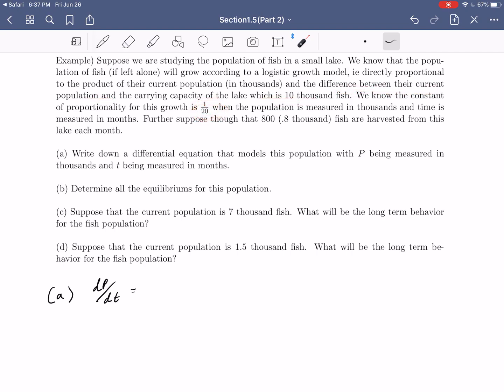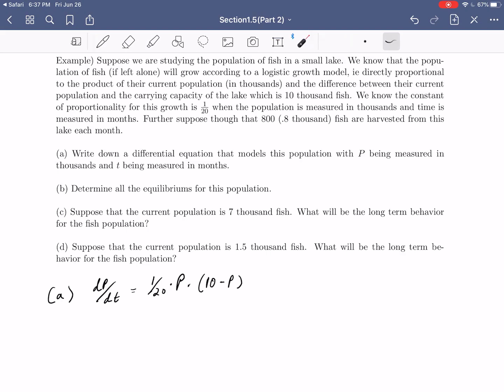We know that the constant of proportionality is 1/20, so we can put 1/20 times their current population, which is going to be P, whatever variable we're using, which in this case is P, and then times the difference between the population and the carrying capacity. We know that when using carrying capacity, it should go first, so we should have 10 minus P there.